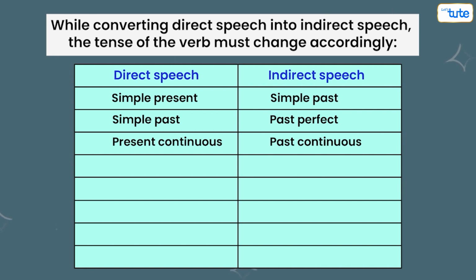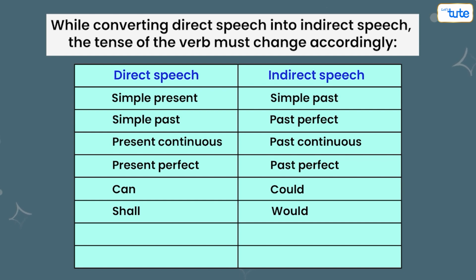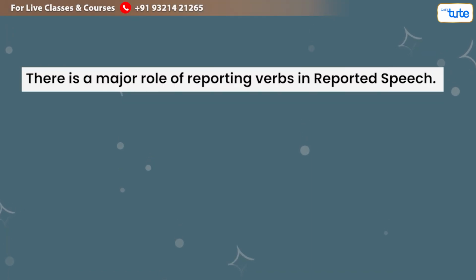Present perfect in direct speech becomes past perfect in indirect speech. Can becomes could, shall becomes would, will becomes would, may becomes might with the change from direct to indirect speech.